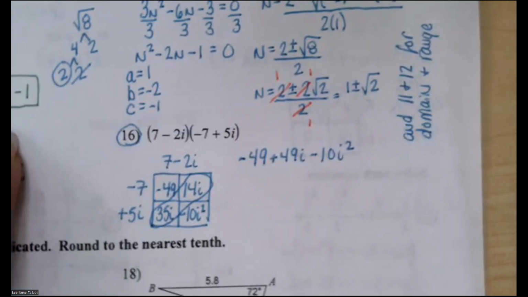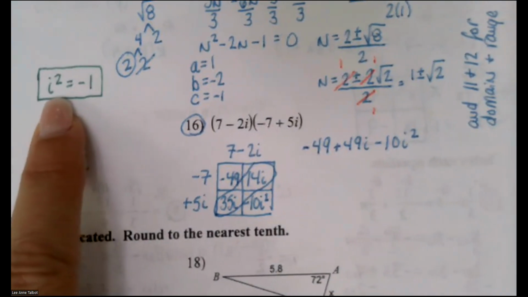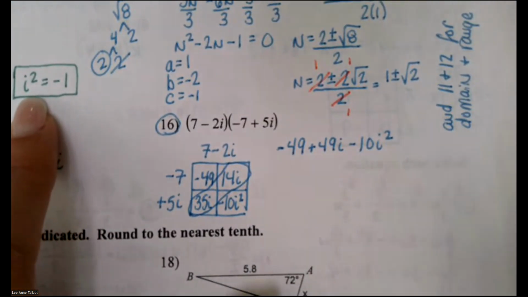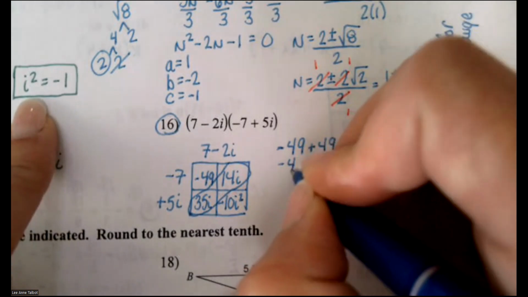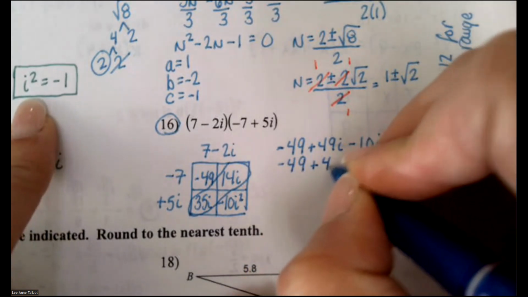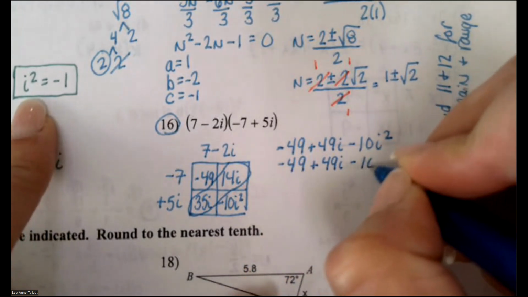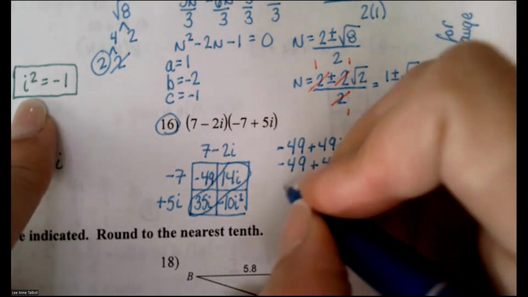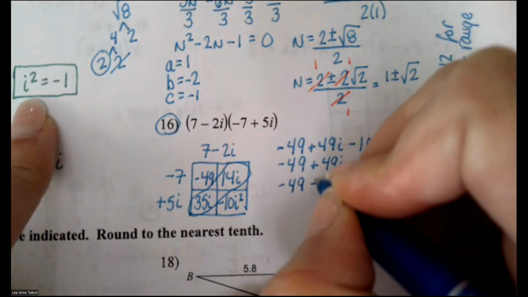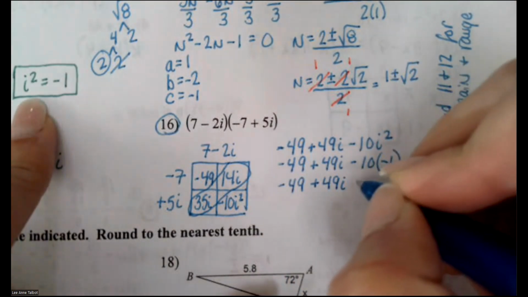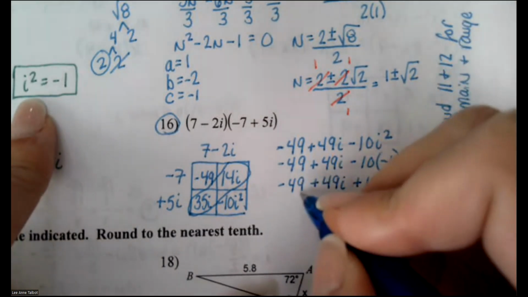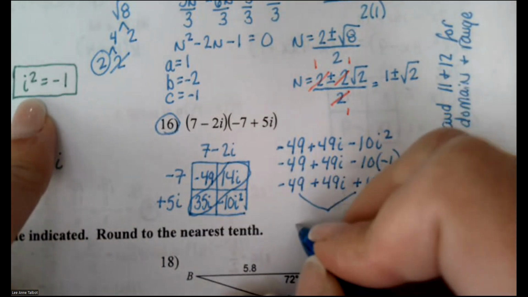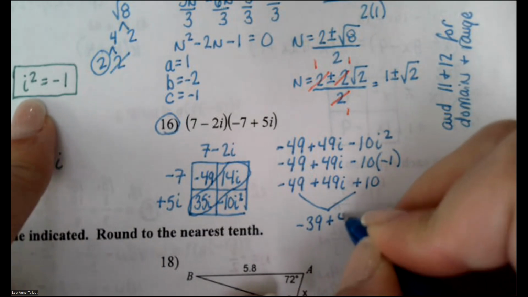So I'm going to go back to my little box over here that says anything that is i squared, I'm going to replace it with -1. So negative 49 plus 49i minus 10 times -1. Negative 49 plus 49i plus 10. And then combine those: negative 39 plus 49i.